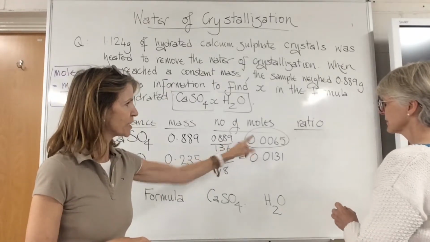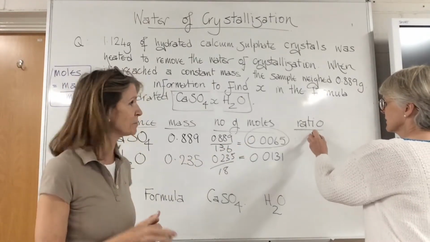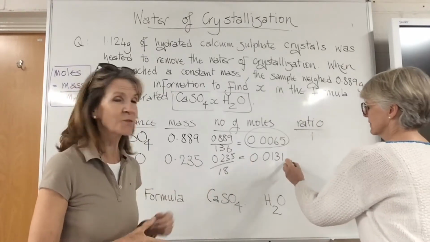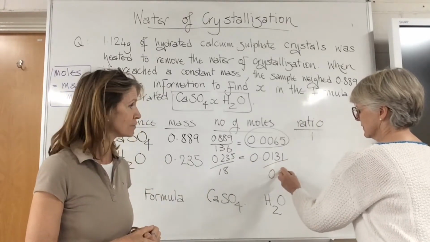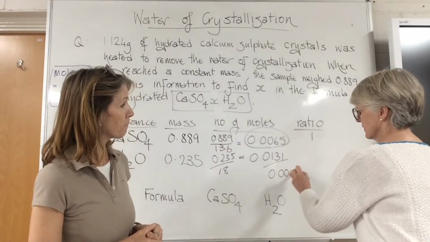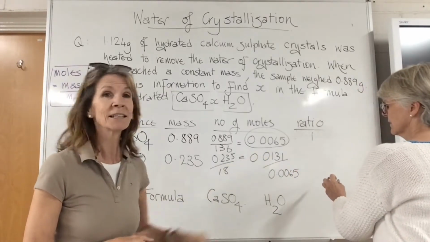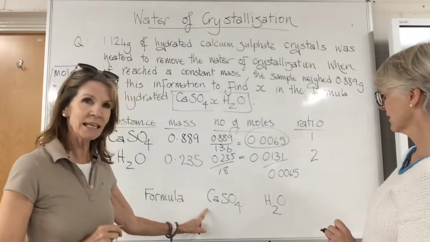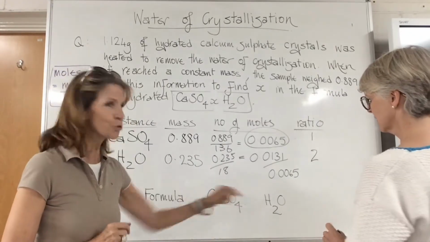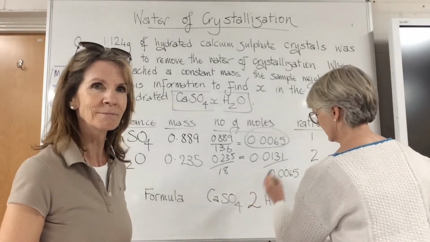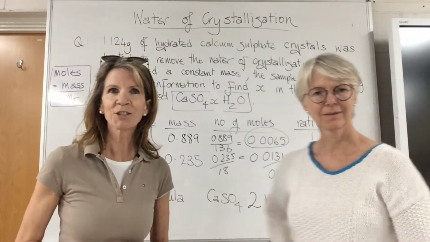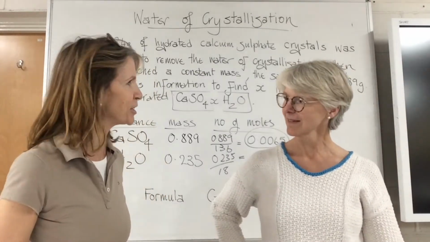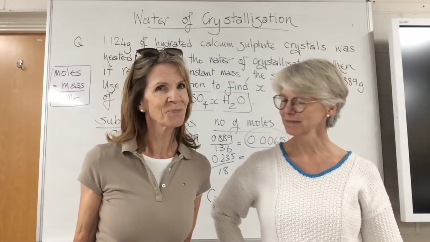So that divided by itself gives you 1, and that divided by the smallest number gives 2. So that means the formula is CaSO4.2H2O. Well, I think we've worked out that very tricky calculation. Very easily. Simple. Great.